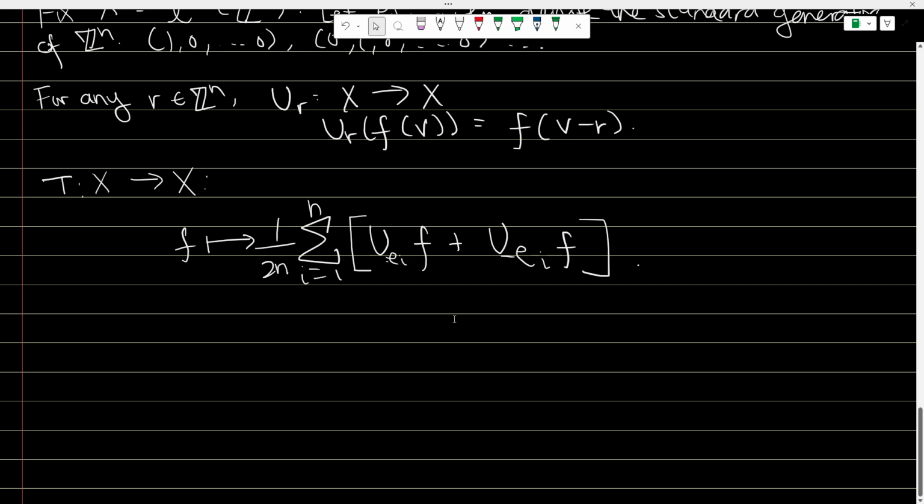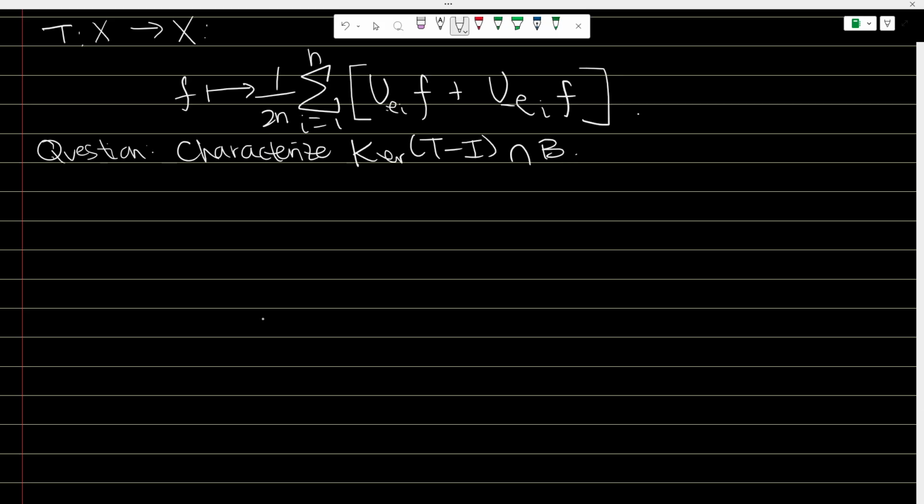And then our question is, characterize the kernel of T minus I intersect the unit ball. I want to find the one eigenspace. I want to know which bounded functions are equal to their own averages.